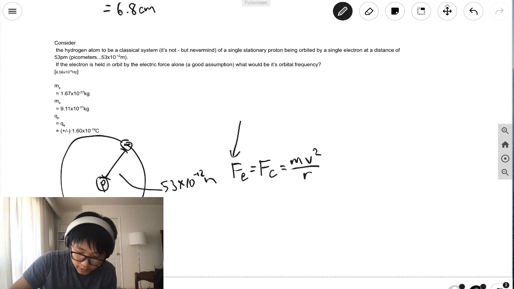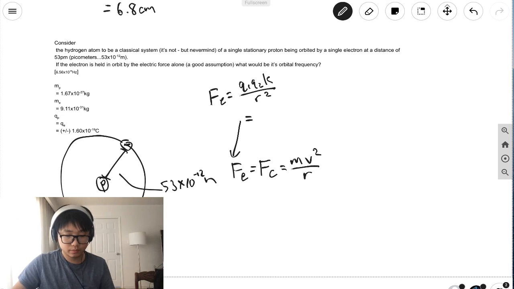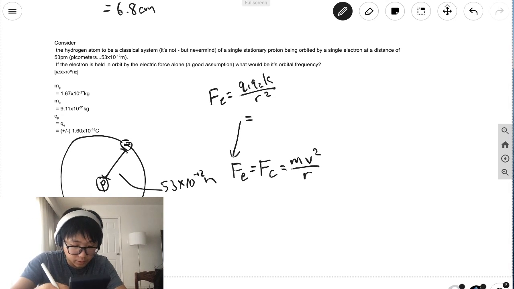Okay, so this time we can actually use that equation we said earlier. Fe equals Q1 Q2 times K over R squared. Yep, so you're going to go ahead and do that for me. So we have Q1, Q2. What's the K constant again? 10 to the negative 11?